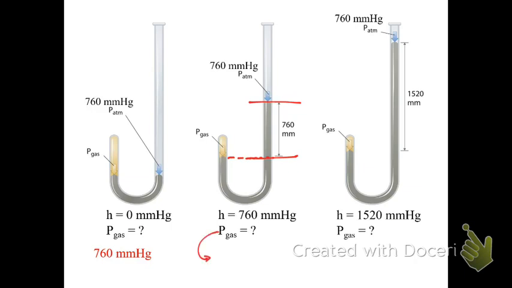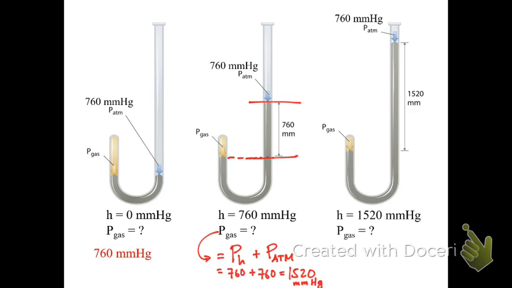So P gas is equal to P height plus P atmosphere. So in that case, we have 760 plus 760, which is equivalent to 1520 millimeter mercury.